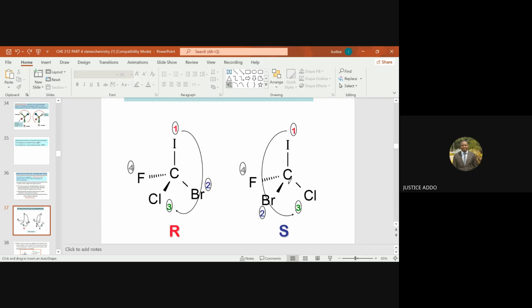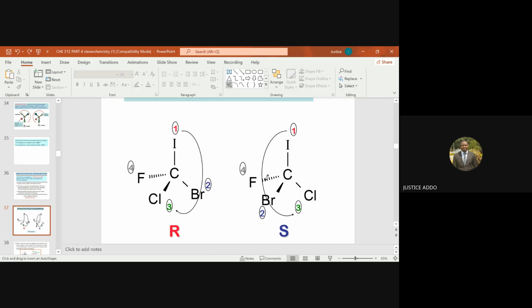Now, when a group is on a flying wedge, the interpretation is that the group is pointing towards you. So any group that is pointing towards you, the viewer, you automatically will see it. Then, when we see the broken line, what it means is that it's an imaginary line.